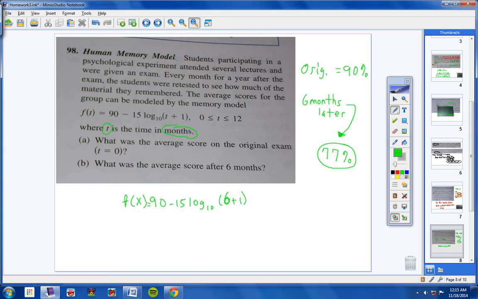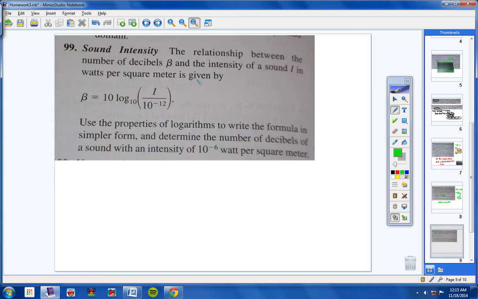All right, number 99. The relationship between the number of decibels P and the intensity of a sound I in watts per square meter is given by this function here. Use the properties of logarithms to write the formula in a simpler form. Okay, we know how to do this, guys. Remember, when an argument is a quotient, we can split it up into 2 logarithms.